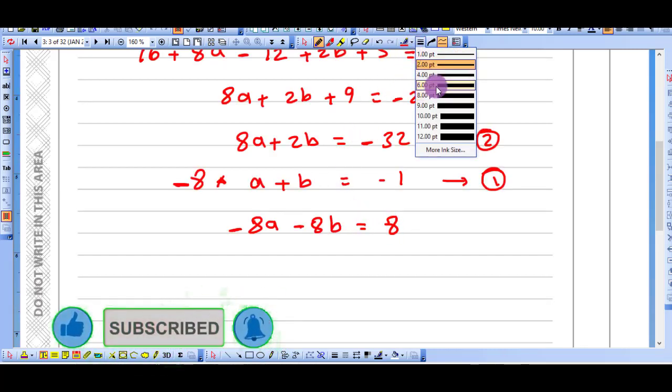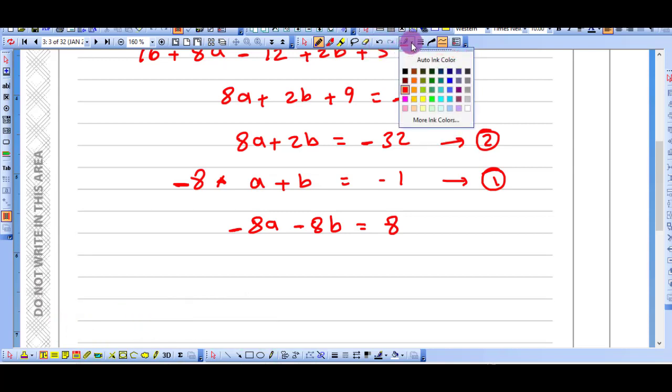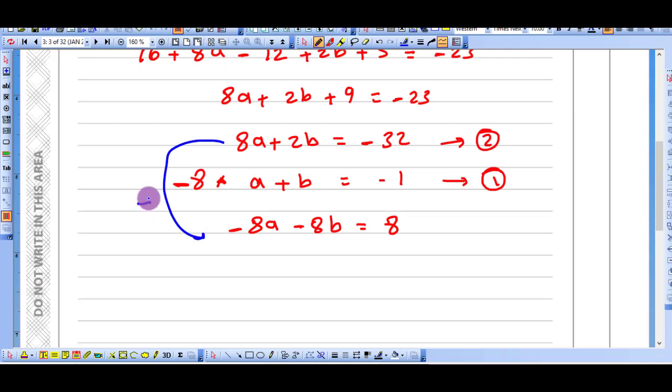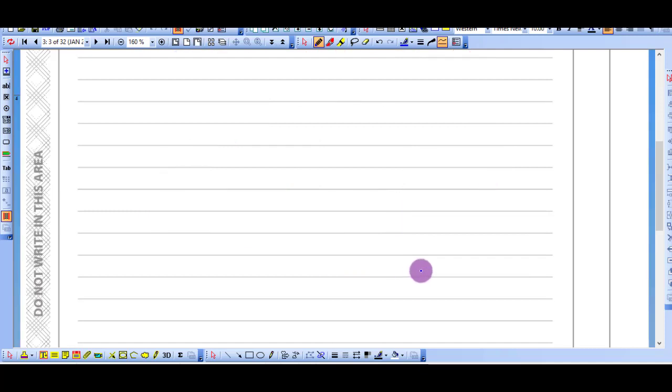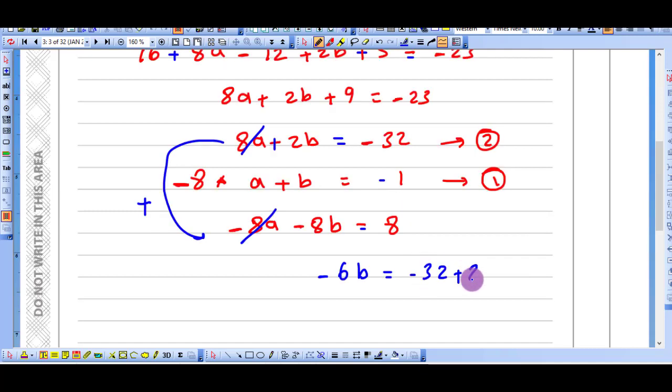So let us now subtract these two. So this part with this part, the remaining here will be minus 6b is equal to minus 32 plus 8.